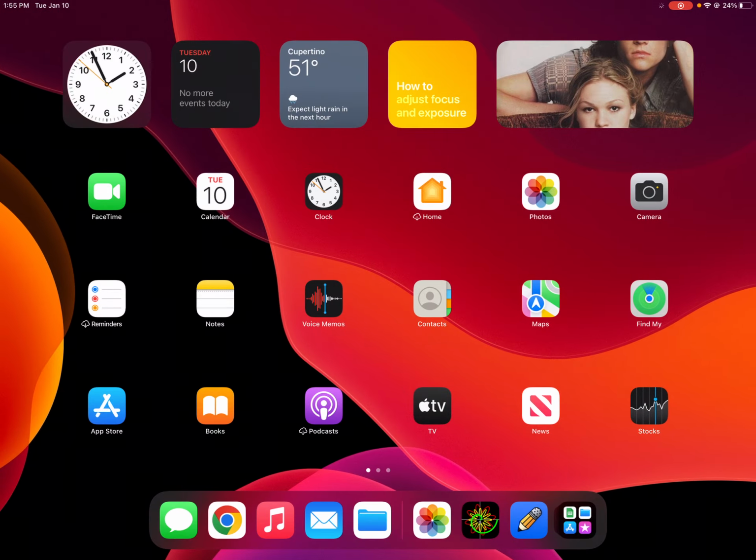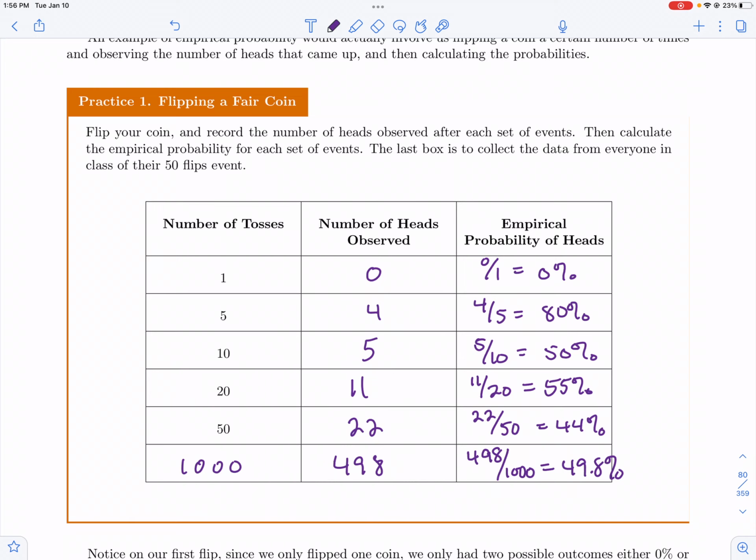Hopefully this thing doesn't blow up on me. All right, so we got 498 and 502, which gives us 49.8%. In that case, we can see it gets really, really close to 50%.